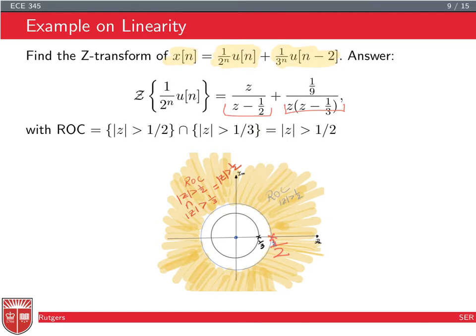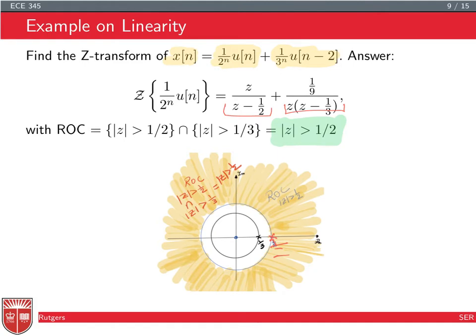So the ROC is everything outside, and the overlap of both ROCs is the exterior of the outermost circle, the exterior of the circle at z equal to 1/2. So this is the ROC of the sum.